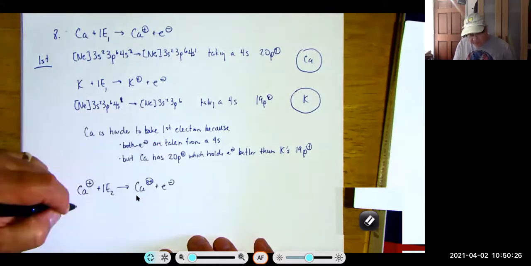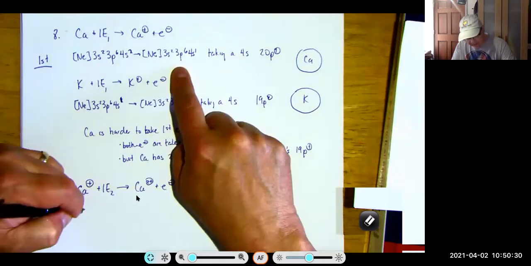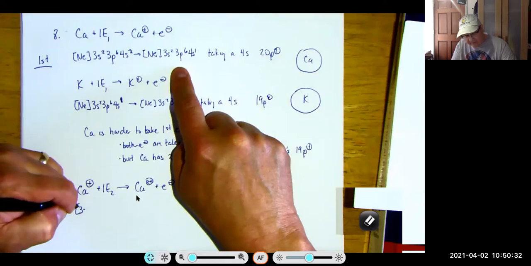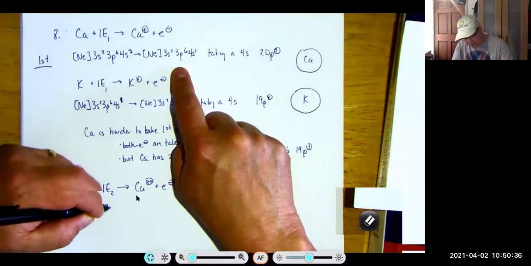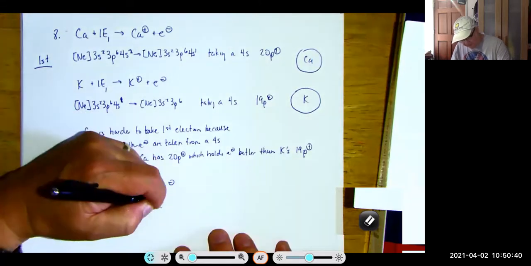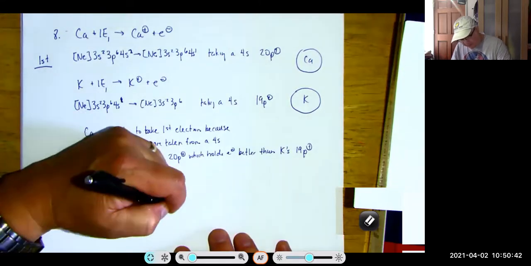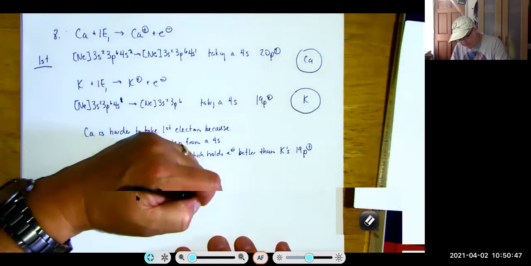So calcium +1 is right here: neon, 3s2, 3p6, 4s1, and it becomes neon, 3s2, 3p6. So we're taking a 4s.